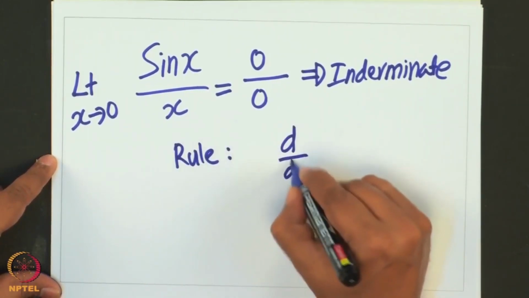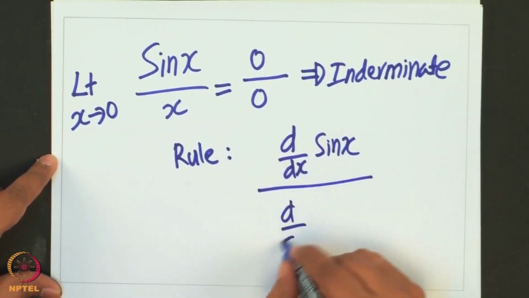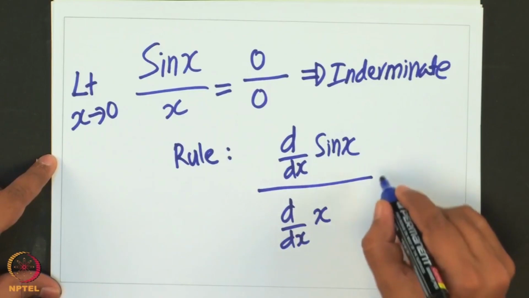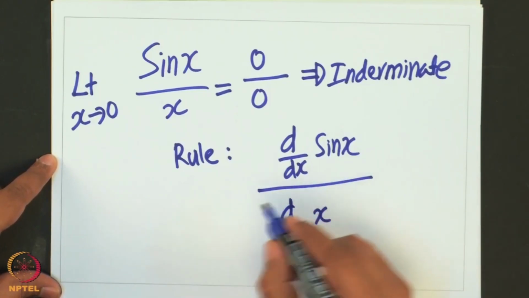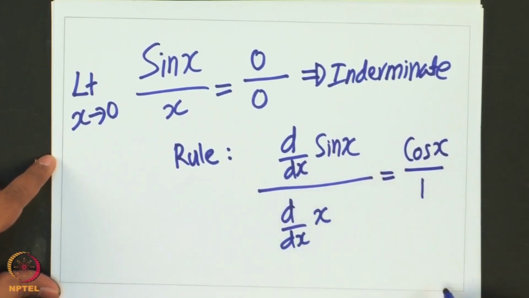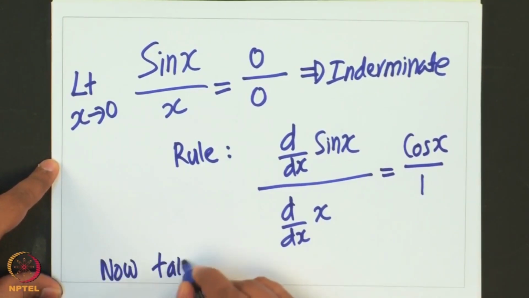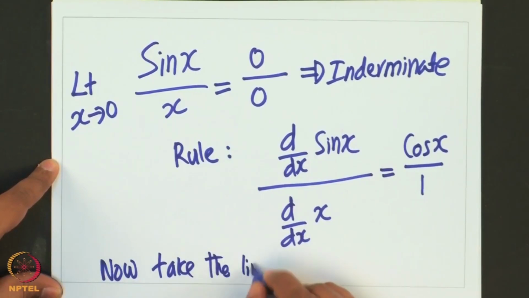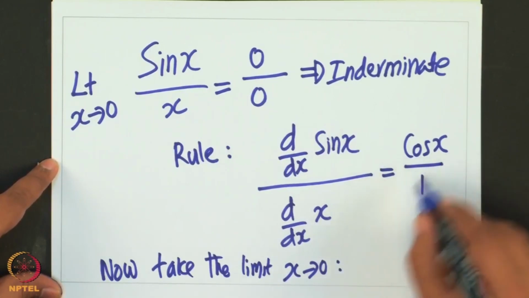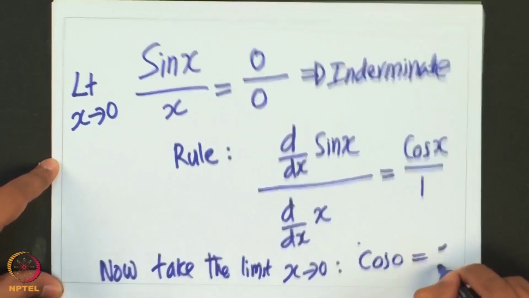So you calculate d by dx of sin x and d by dx of x, and then take the limit. This is nothing but cos x divided by 1, and now take the limit x going to 0. So cos 0 is 1.